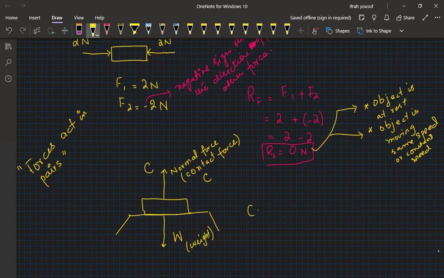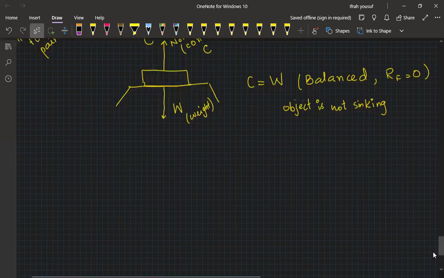So I can write C equal to W. That means it is balanced. Balanced means there's no resultant force. The object is at rest. Here the object is not sinking, it is not coming down, right?